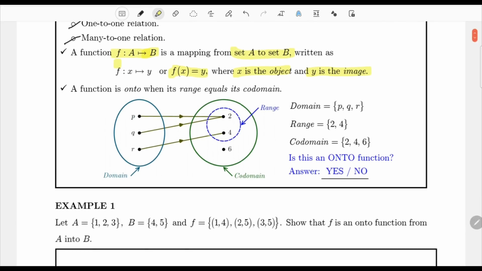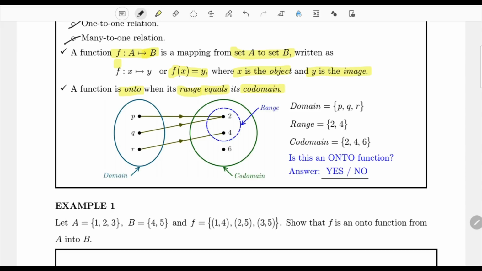Look at the next part: a function is onto. The word onto is very important. A function is onto if range equals its codomain.